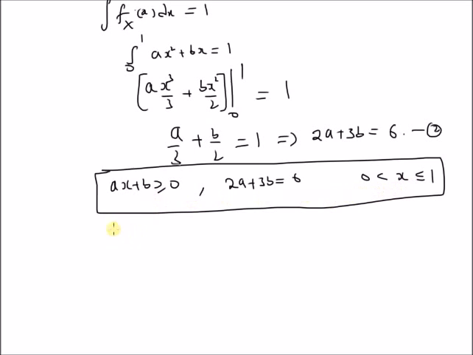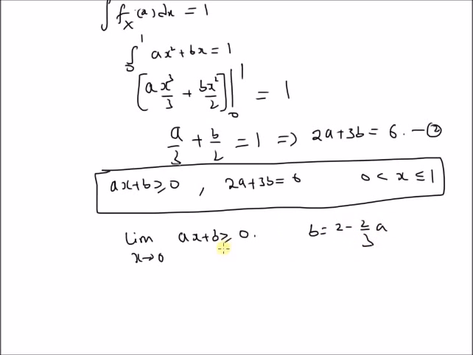So for the case when x is very close to 0, we can evaluate the limit as x tends to 0 of ax plus b, which should be greater than or equal to 0. But from condition 2, we have 2a plus 3b equal to 6, so b should be equal to 2 minus 2 by 3 into a.